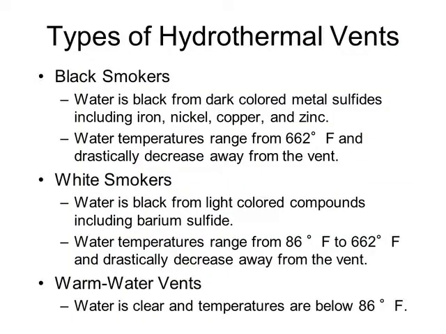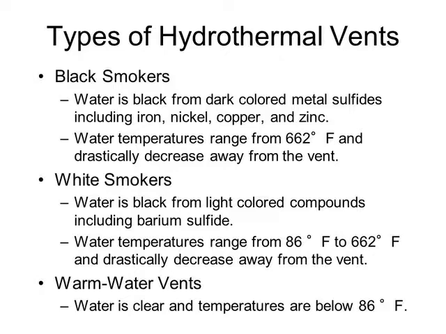So what are the different types of hydrothermal vents that we've discovered so far? As I've mentioned before, we have black smokers, and those are black in color. They generally have metal sulfides in them, so you'll see a lot of iron, nickel, copper, and zinc.